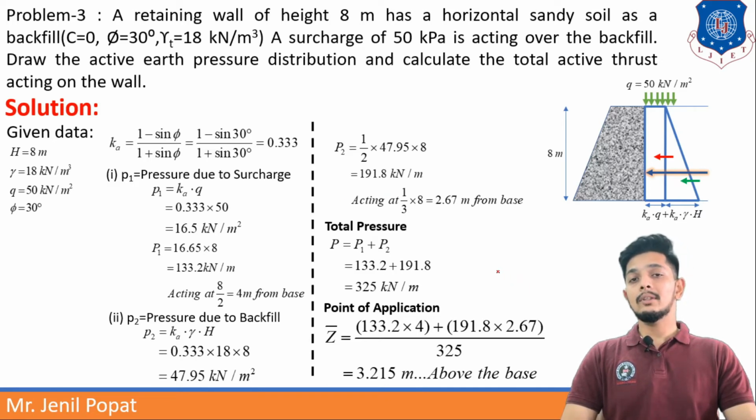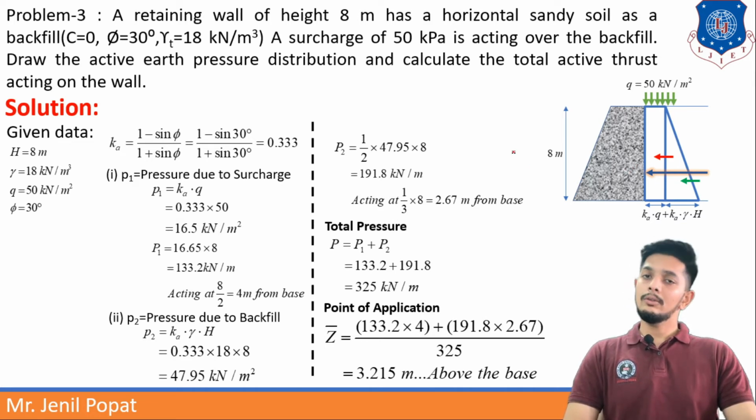So taking the average of both, and dividing by 325, which is P1 plus P2, we can find out Z bar. So Z bar is coming out as 3.215 meter above the base. So the total pressure force will act almost at the center of both, or we can say 3.215 from the base. This blue line is showing the total force on the retaining wall.